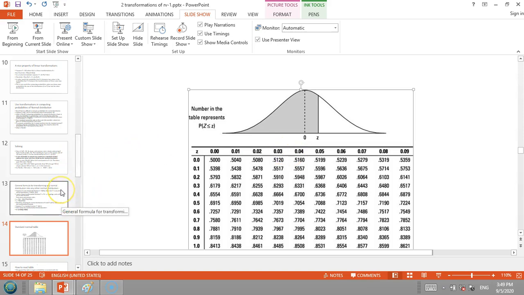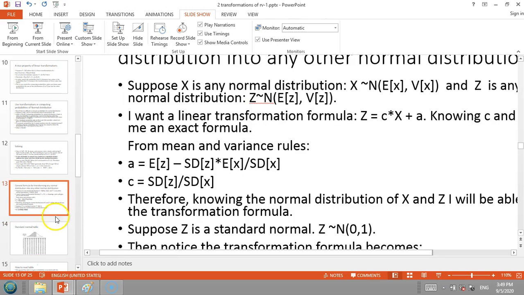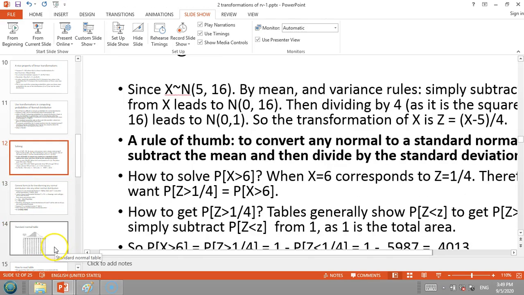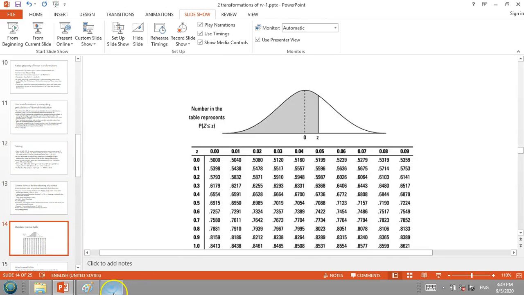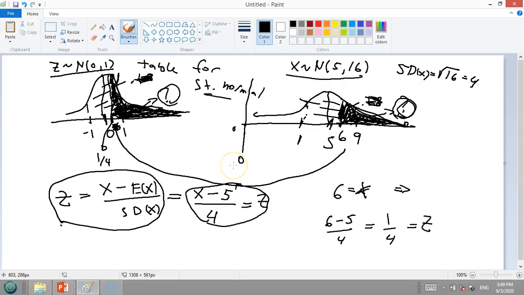It's very interesting. So this is the table of the normal here. Does this make sense? So this one is 1 minus 0.5987. And the area to the left of this, the area here, is 0.5987.